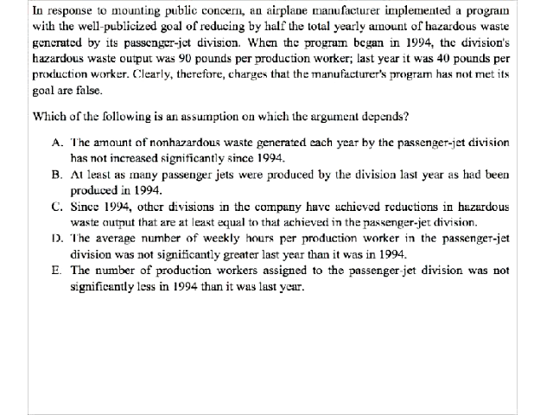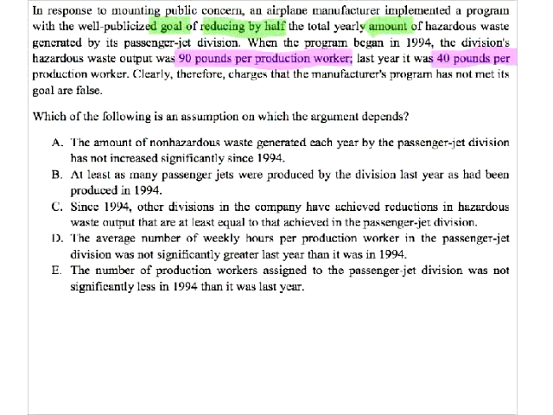An airplane manufacturer implemented a program with the well-publicized goal of reducing by half the total yearly amount of hazardous waste generated by its passenger jet division. Pablo, I'll get your question in a little bit. When the program began in 1994, it was 90 pounds per production worker.